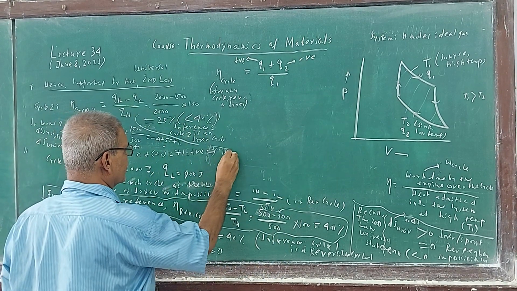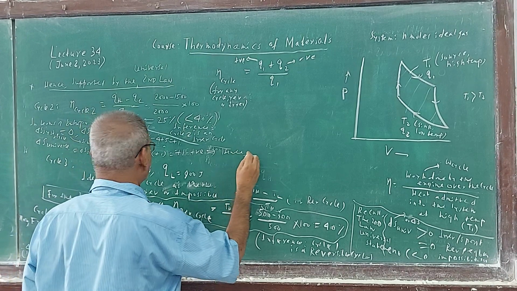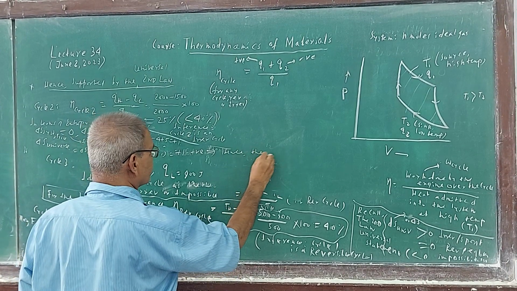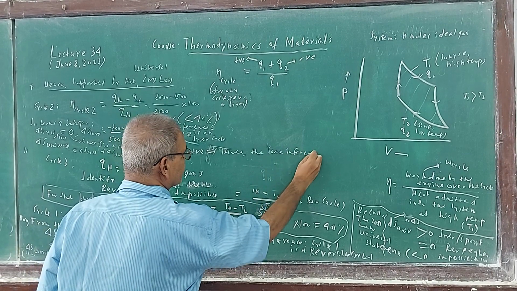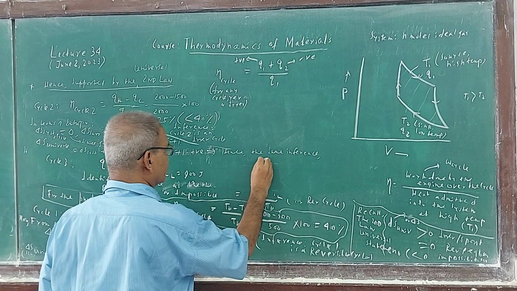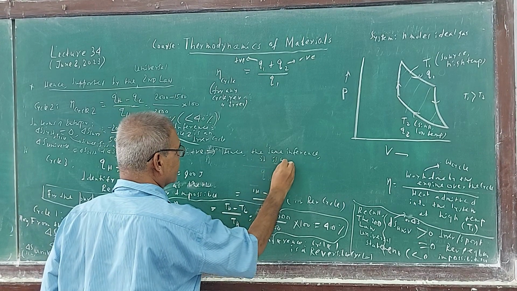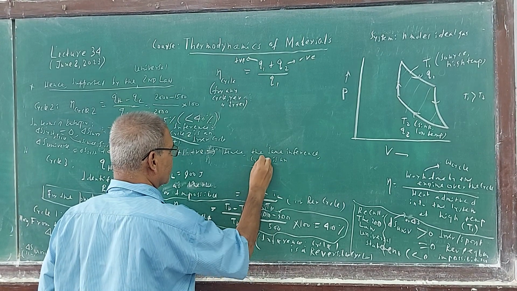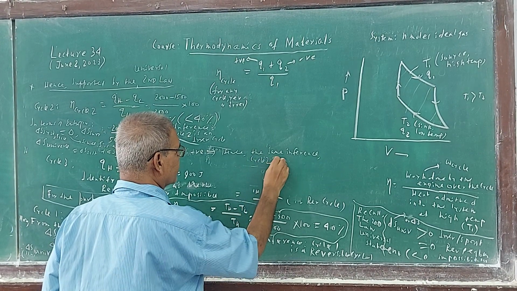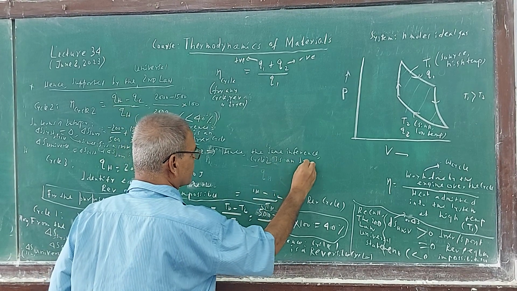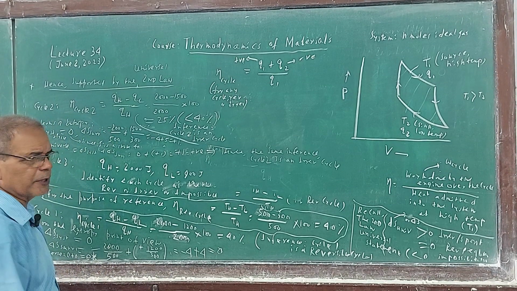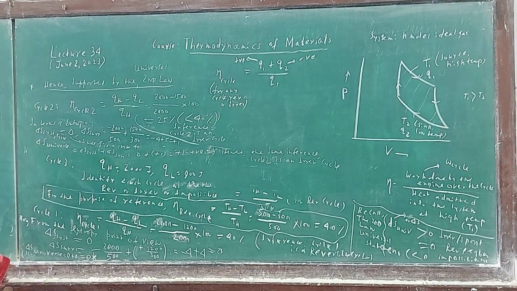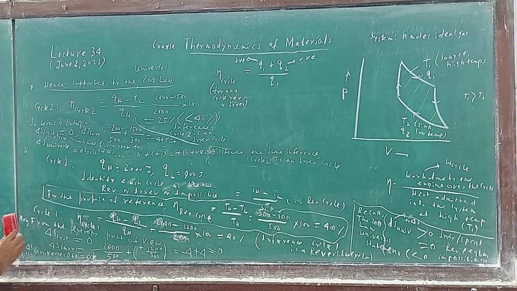Positive, hence same result, same inference. What is the inference? Cycle 2 is an irreversible cycle. Last one, cycle 3.